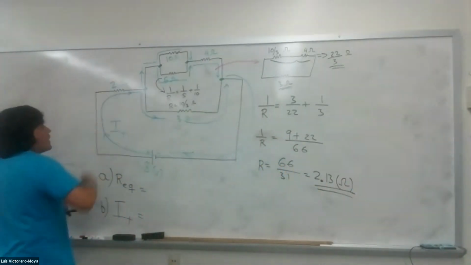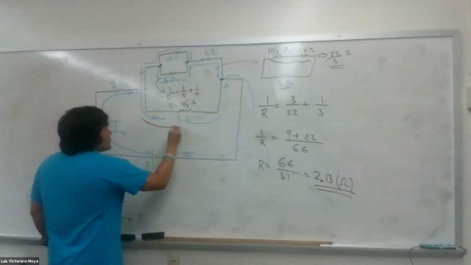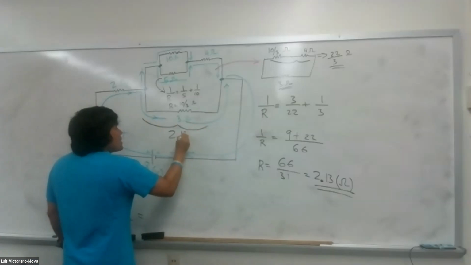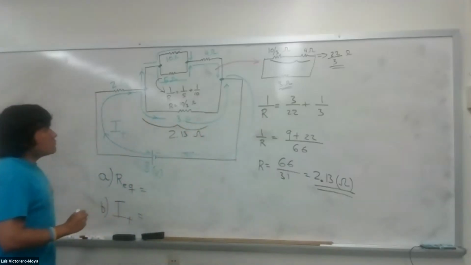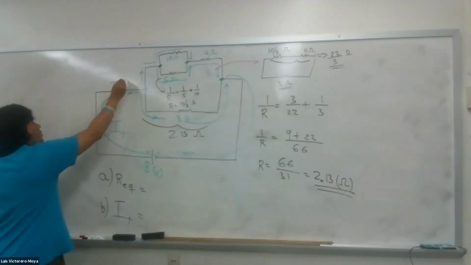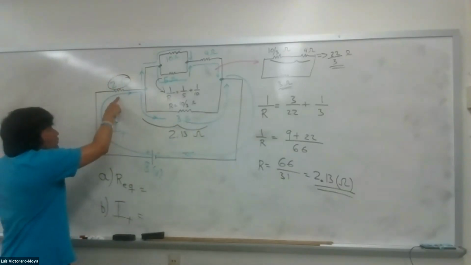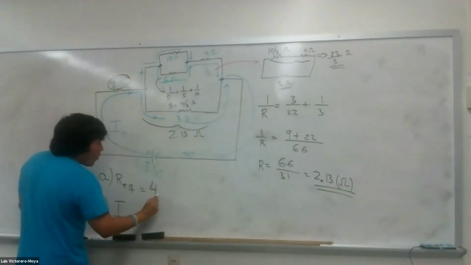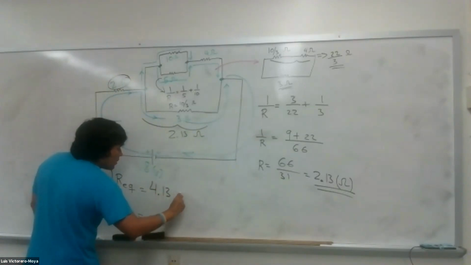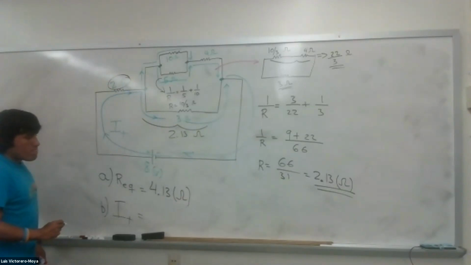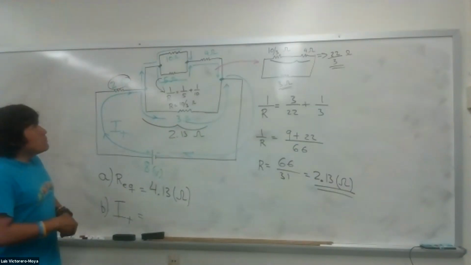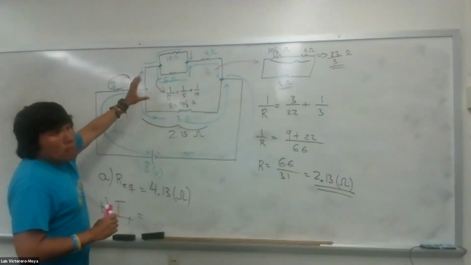But then I have 2 outside. So all this is 2.13 ohms, and this 2 is outside. So the equivalent resistance will be 2 plus 2.13, 4.13 ohms. So that's the value for the equivalent resistance then. All right. So again, the only thing that was harder here were the numbers, right?